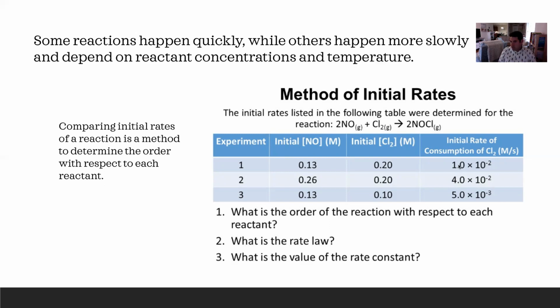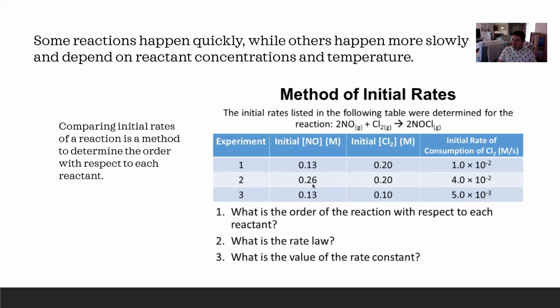This one's pretty simple. We can see that the rate has quadrupled from trial 1 to trial 4. It's 4 times faster. Now again, the chlorine stayed constant, so the chlorine did not contribute to that. What happened to the NO? It went from 0.13 to 0.26. It doubled, all right?